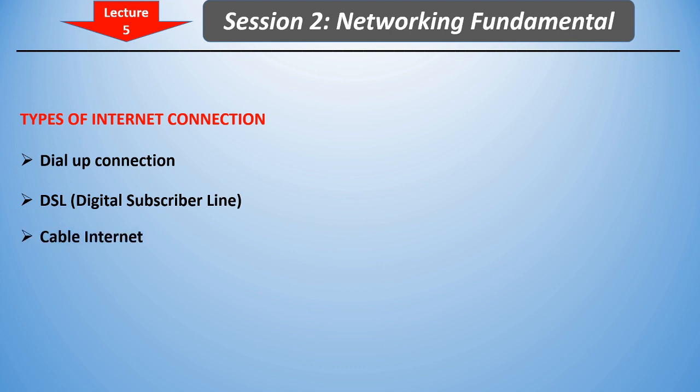Next is cable internet. This type of connection uses the cable TV lines and gives fast access to the internet, even higher than that of DSL lines. The DSL and cable internet systems are known as broadband internet. A broadband connection allows you to use the phone to call and connect to the internet simultaneously.